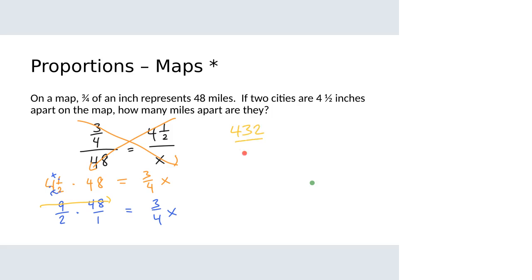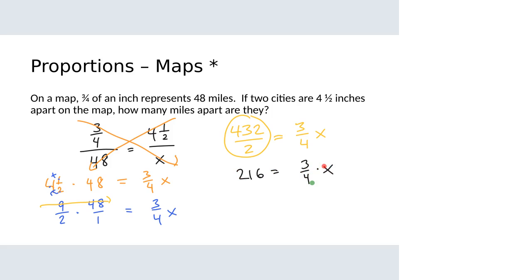And 2 times 1 is 2 in my denominator. And that's equal to 3/4 x. At this point, I think I'd probably go ahead and simplify this and do the division. 432 divided by 2 is 216. So now I have 216 is equal to 3/4 times x.